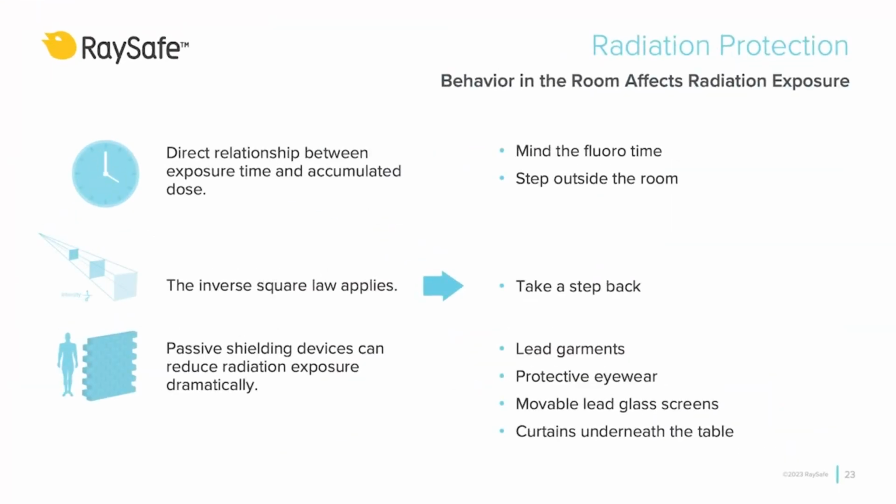The three main parameters for radiation protection are time, distance, and shielding. Depending on which role you have in the operating room, you will have different possibilities to work utilizing these three principles. We believe that if you get instant feedback on your absorbed dose, it will be a lot easier to change behavior and working procedures.